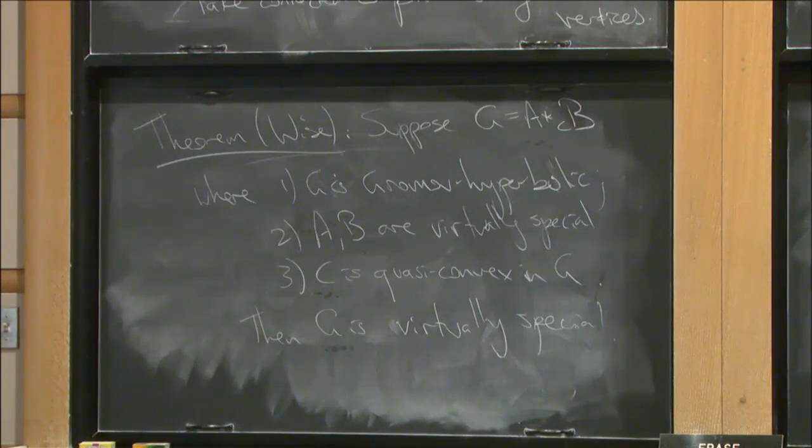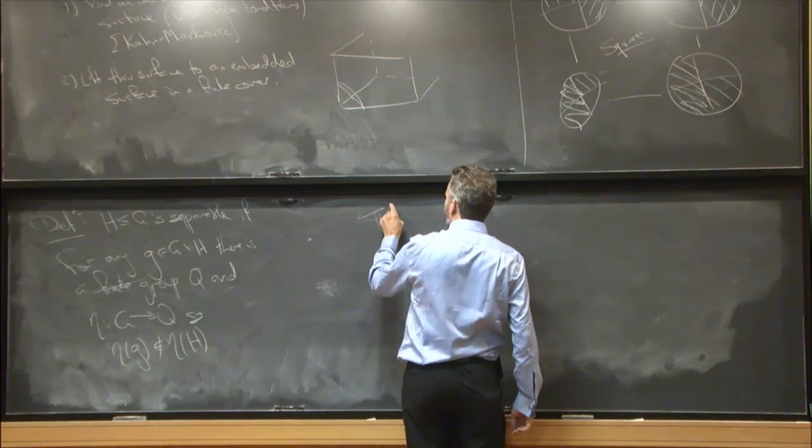And then the final piece of proving this virtual Haken theorem, which is Ian's theorem, is the following.